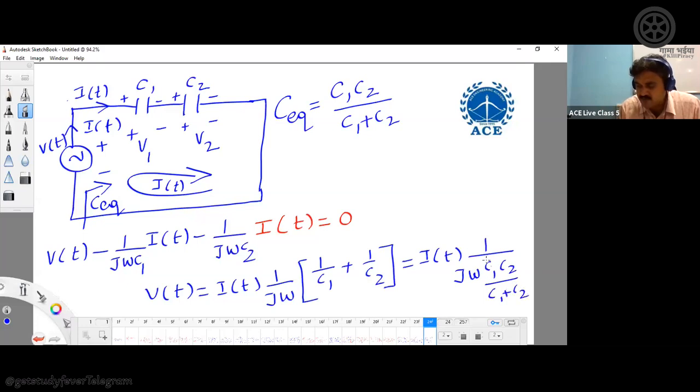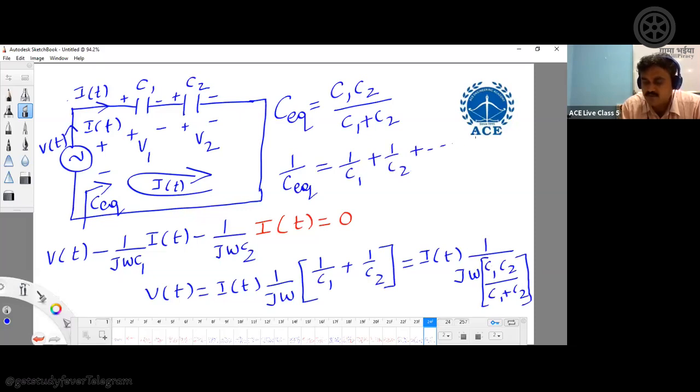This value of capacitance which you are writing here is called C equivalent. So when more than one capacitor is connected in series, then 1 by C equivalent, just take a reverse, is 1 by C1 plus 1 by C2 plus so on. That's all. So this is the C equivalent when more than one capacitor is connected in series. If only two capacitors are there, then directly you can write C1 C2 by C1 plus C2.